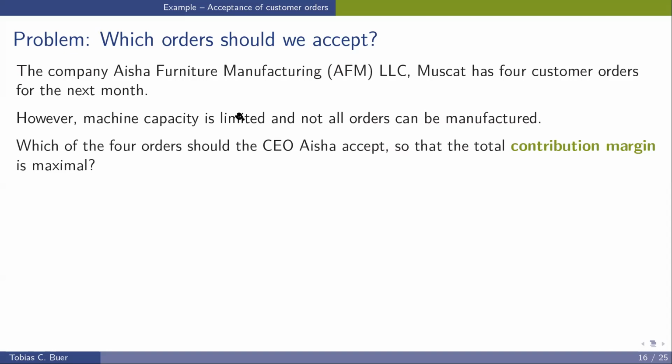So therefore, we are just not in a position to perform all the orders that we got. And now Aisha has to decide which of these 4 orders should be accepted so that the total contribution margin becomes maximum. Let's say, in a simpler way, the total profit becomes maximal. This is our problem, and we need to make a decision about this problem.